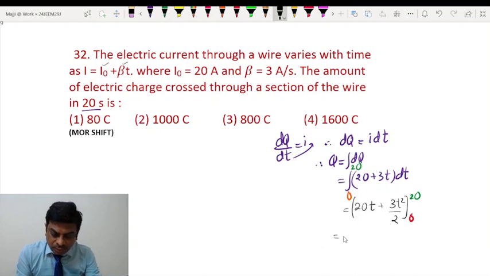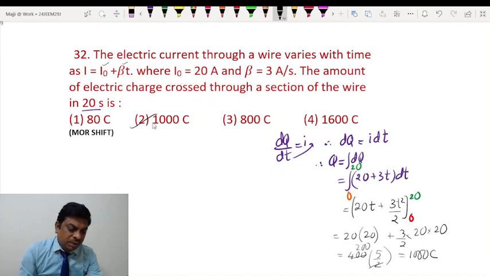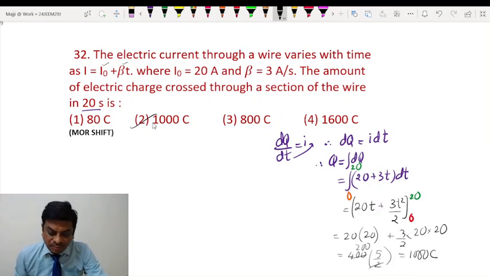Then this will be 20 into 20 plus 3 by 2 into 20 into 20. Okay students, so 400 can be taken common. We have 1 plus 3 by 2, that is 5 by 2. So 2 into 200, so altogether it is 1000 coulomb. So we'll go with the second option students.